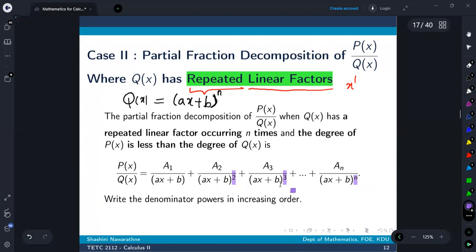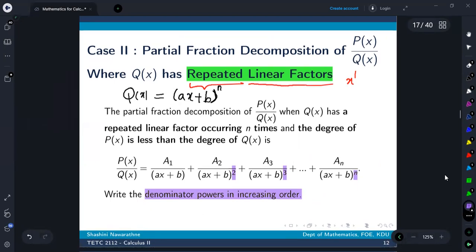The most important thing is you need to write this expression according to the ascending, increasing order of the powers. Let's see how to write this type of expression when I explain in the example. But the most important thing that you have to remember is to write the denominator powers in increasing order. So let's see the steps and the process of solving this type of problem.